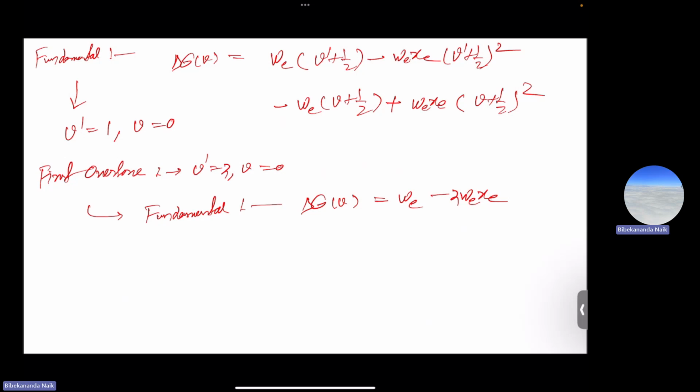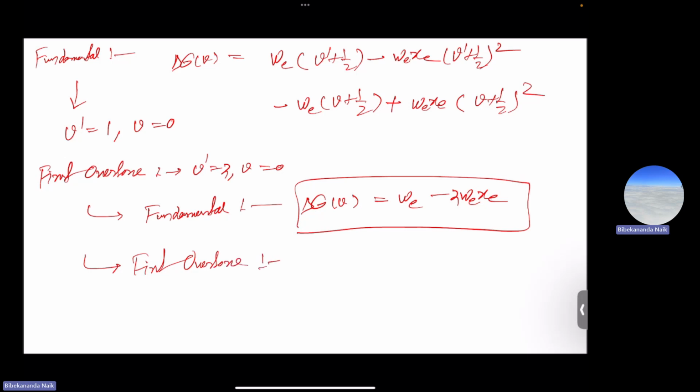So 9 by 4 minus 1 by 4 is 8 by 4, which is 2 omega e xe. So this is for the fundamental. Similarly, for the first overtone, where v prime equals 2 and v equals 0, your delta G will be 2 omega e minus 6 omega e xe.